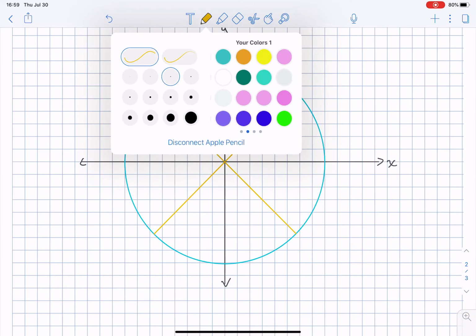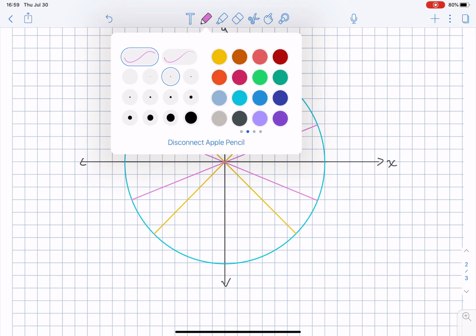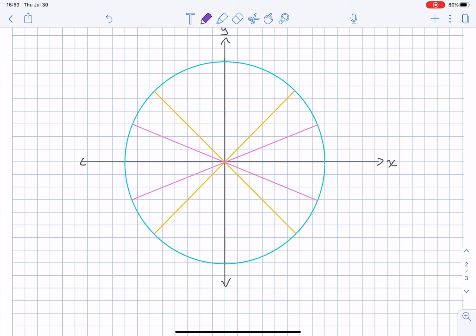Okay, now let's do the 30 degrees next. And now we'll do the 60 degrees. Oops, what's going on? Let's undo that. Why does it keep on auto-correcting there?